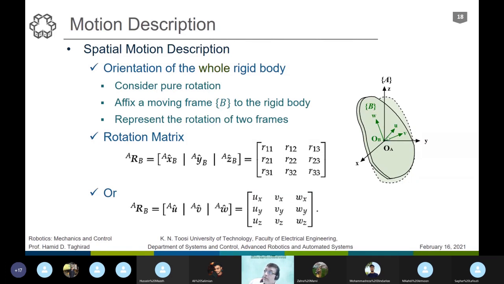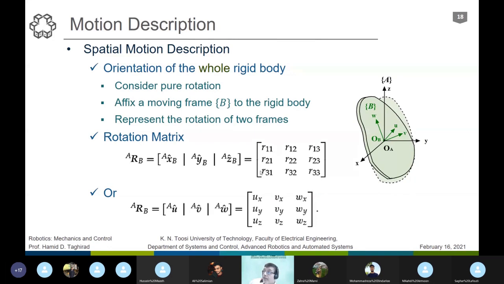This unit vector in the space has some components in x, y, and z. So it is R11, R21, R31, the components of U with respect to frame x, y, z. And this is a unit vector, so if you put it here, the length of this vector should be 1. Otherwise, you have written it wrong.